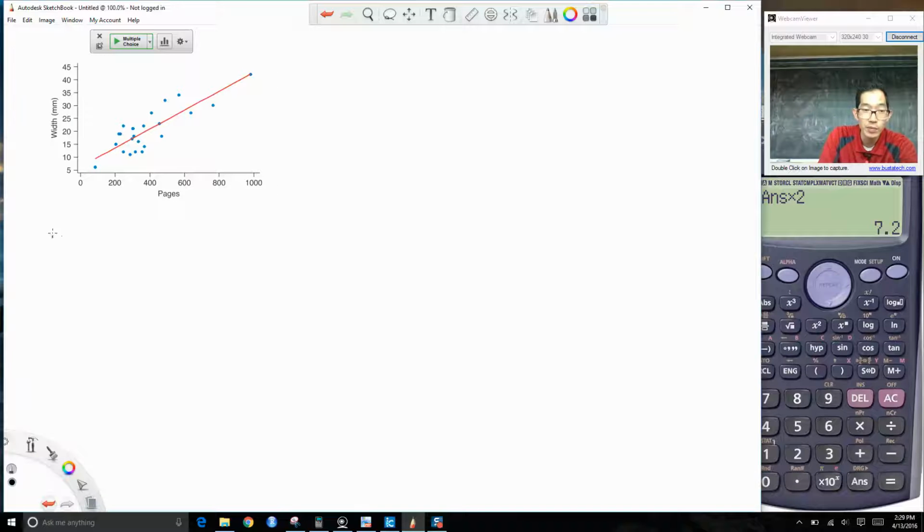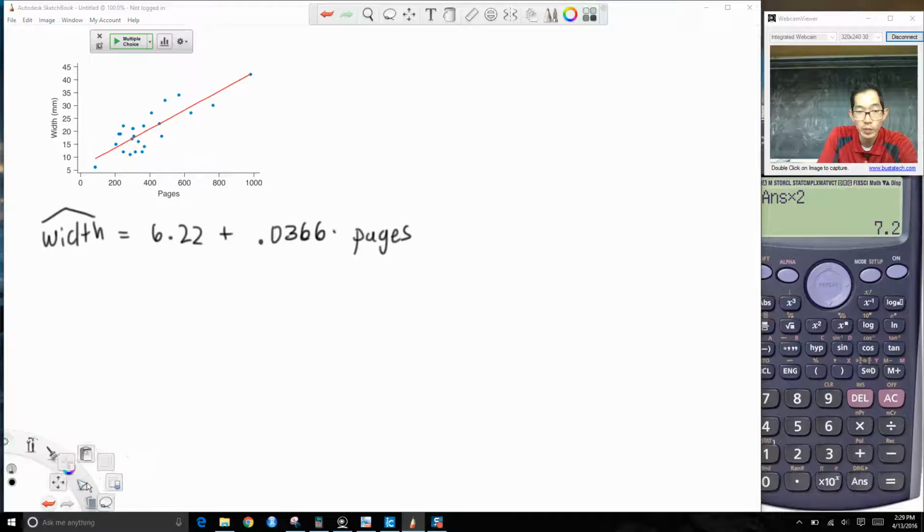So I have 6.22 plus 0.0366 times pages. Let me just highlight that.